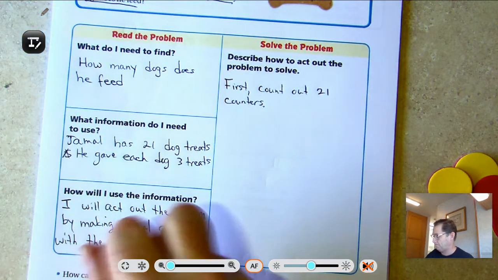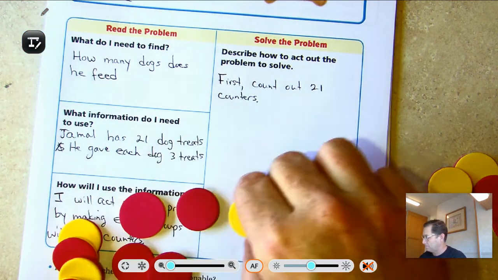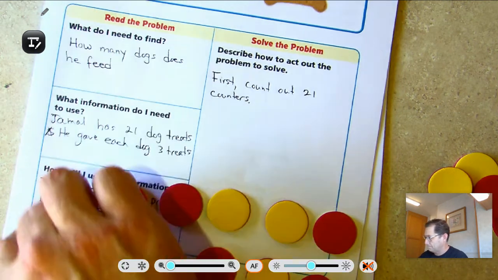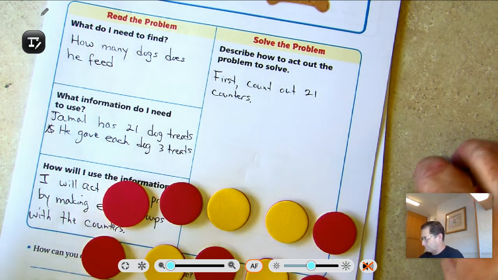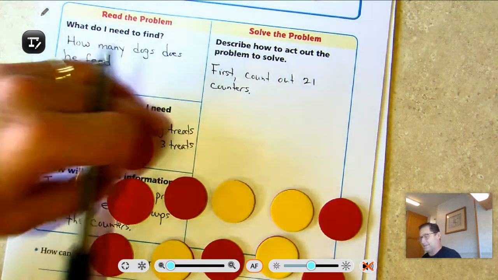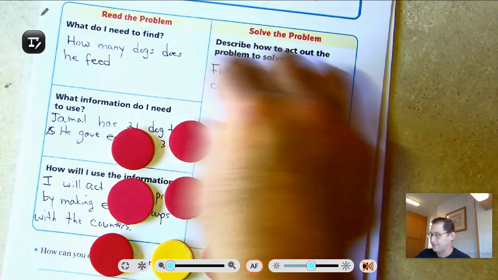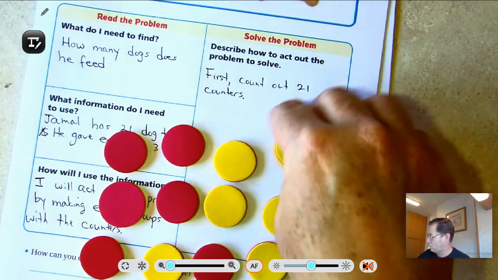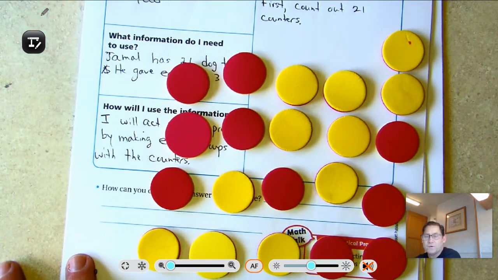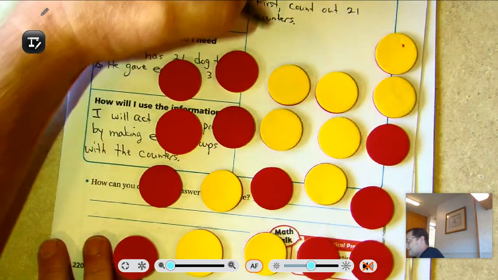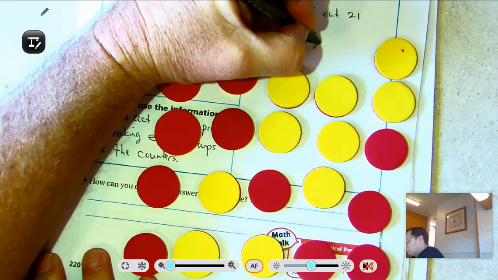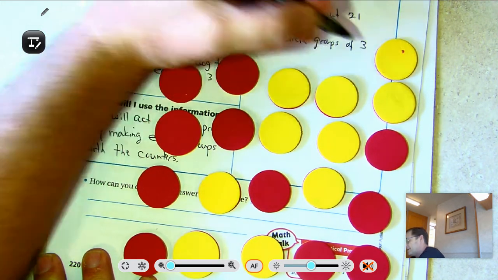Okay, so that's 15, 16, 19, 20, 21. Okay, so I counted out 21 counters. Now, next I'm going to circle groups of 3 counters.